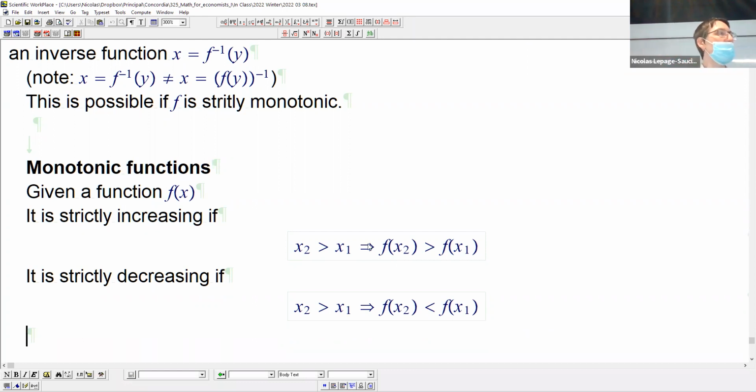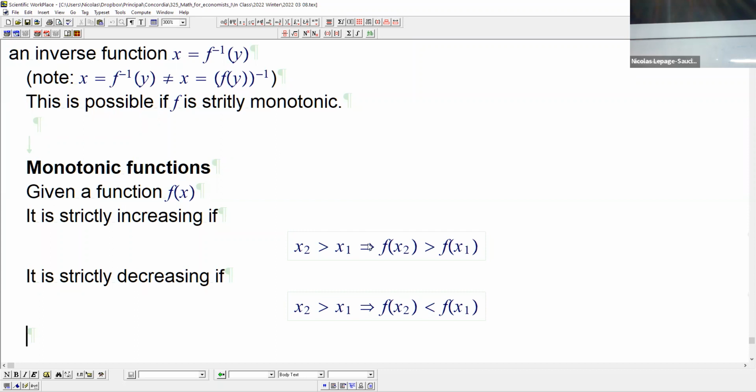Say that again. So you're saying about this? Yeah, it depends which point you start.